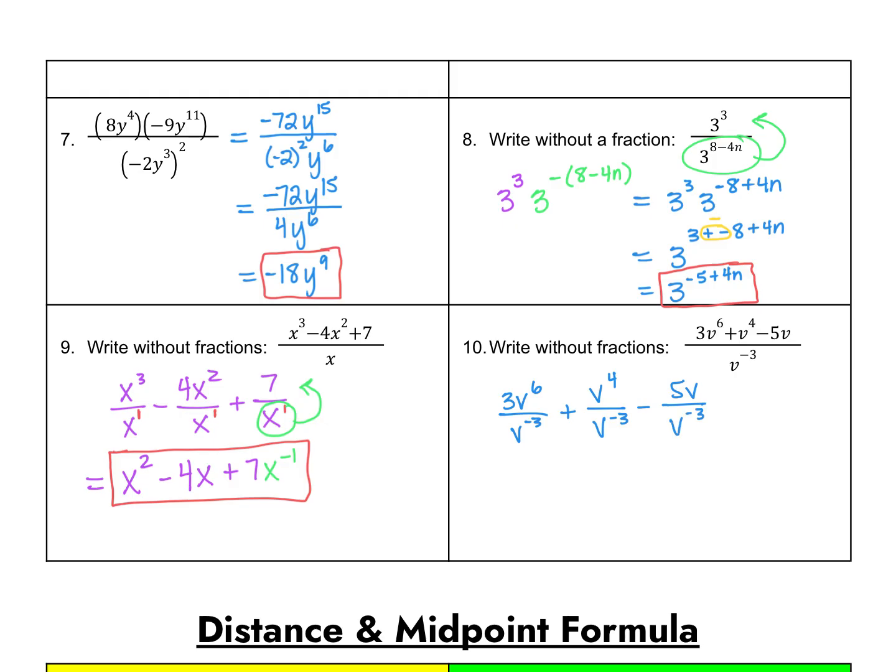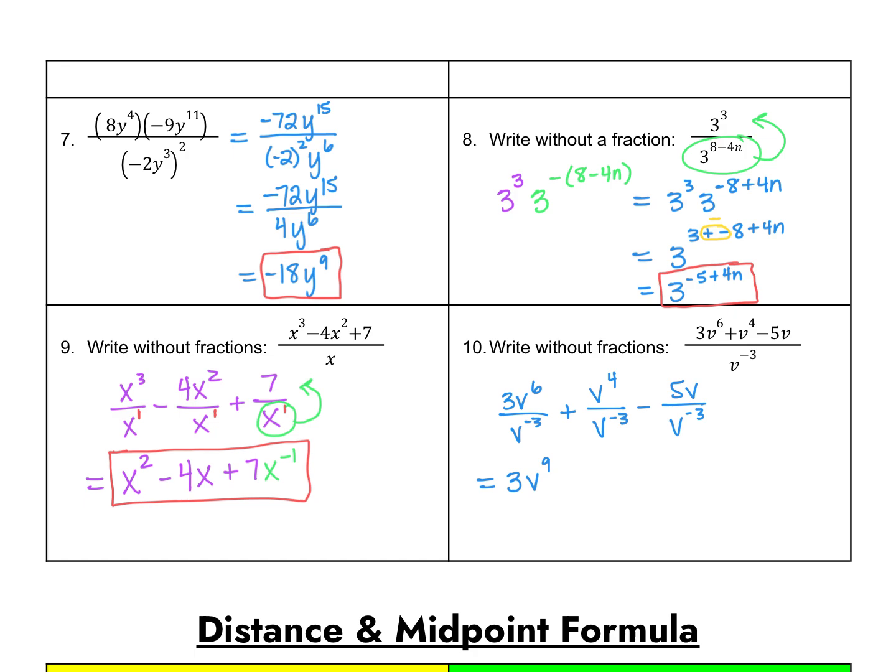Remember, when you divide like bases, you subtract the exponents. So I'm going to have 3 and then v to the power of 6 divided by v to the power of -3. We're going to have 6 subtract -3, which is going to be v to the power of a positive 9, because 6 minus -3 is the same thing as saying 6 plus 3.